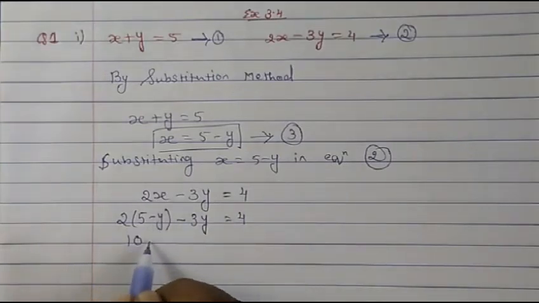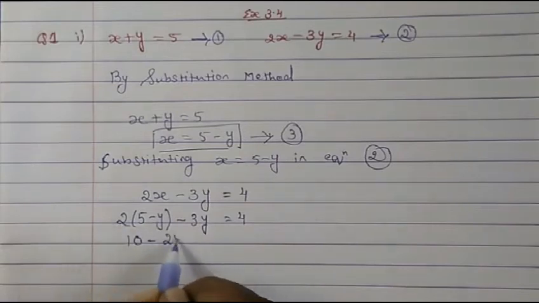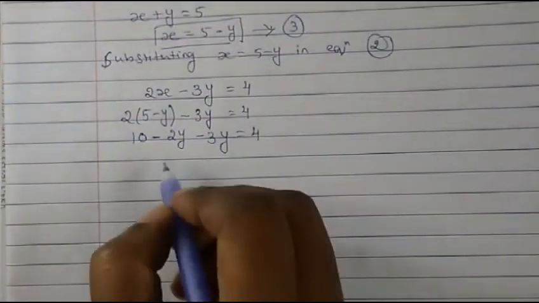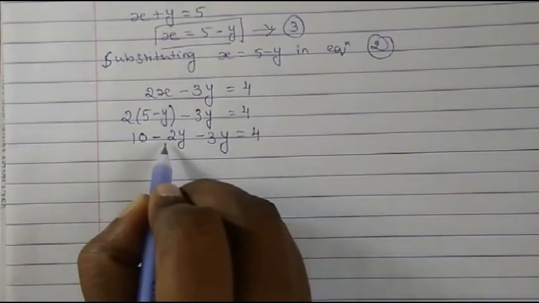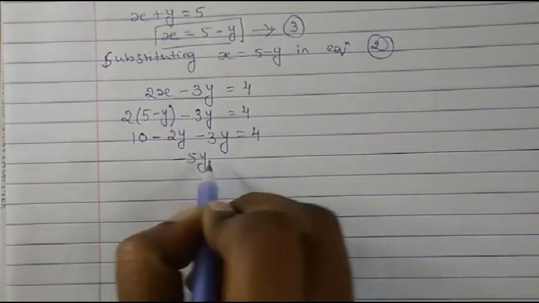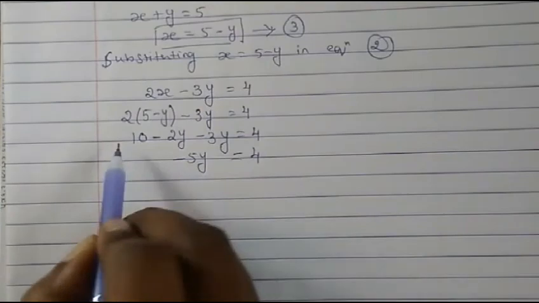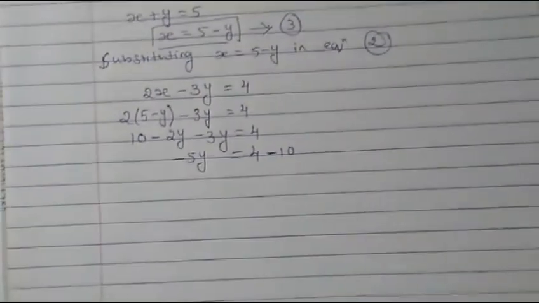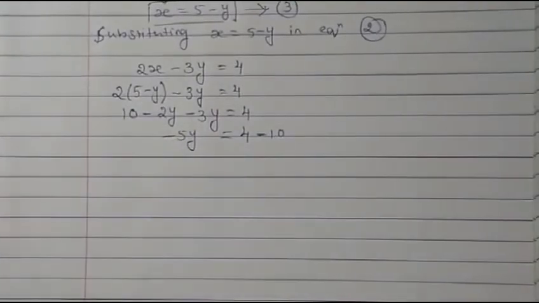When you multiply, you will get 10 minus 2y, then minus 3y equal to 4. So minus 2y and minus 3y will give us minus 5y, and this 4 is here. This plus 10 when it comes here becomes minus 10.